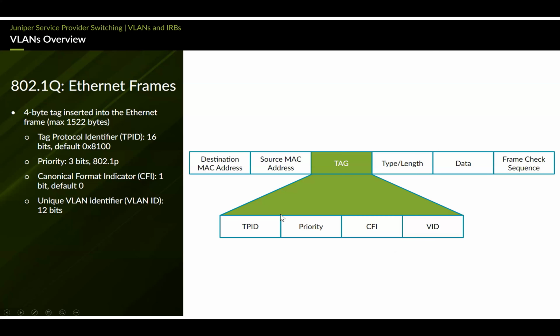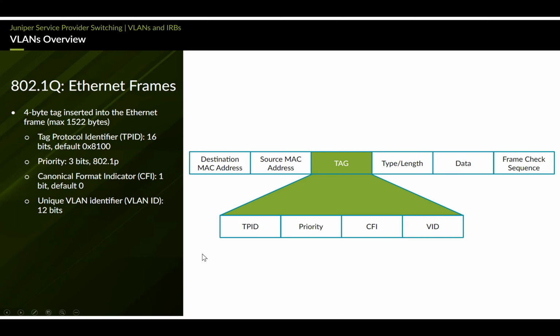Basically, when you configure a data VLAN or a voice VLAN, if you configure one VLAN as a voice VLAN, its priority will be higher. So this is the priority field. Canonical format indicator, that is CFI. Basically, 1 bit is used for CFI. Unique VLAN identifier, that is VLAN ID.